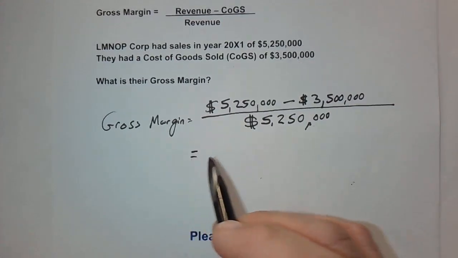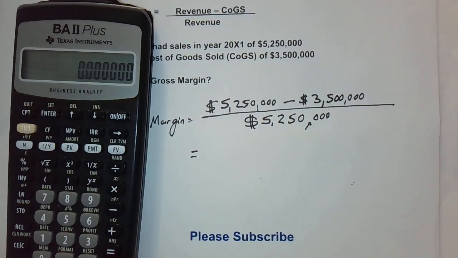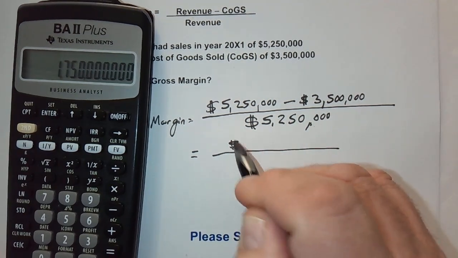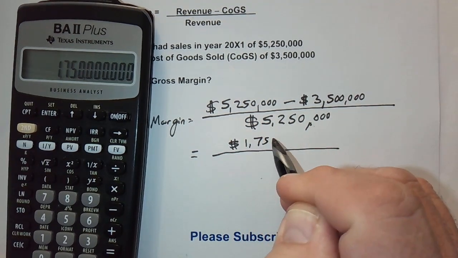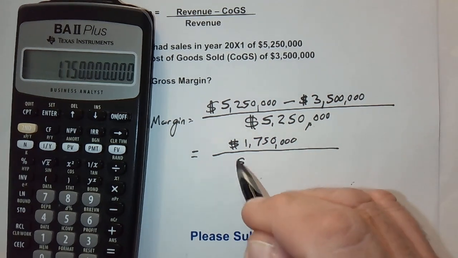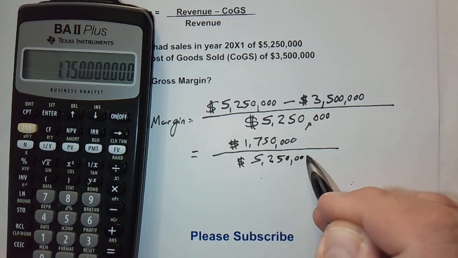Let's bring this down, and we can use our calculator just to make sure we don't miss anything. So I have $5,250,000, and I'm going to subtract the $3,500,000 cost of goods sold, and that gives me a top number of $1,750,000, and that is still being divided by the $5,250,000.